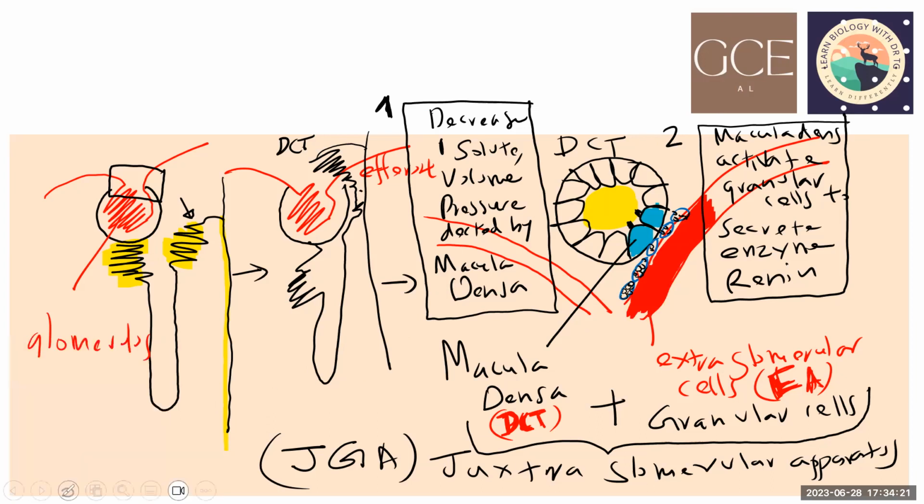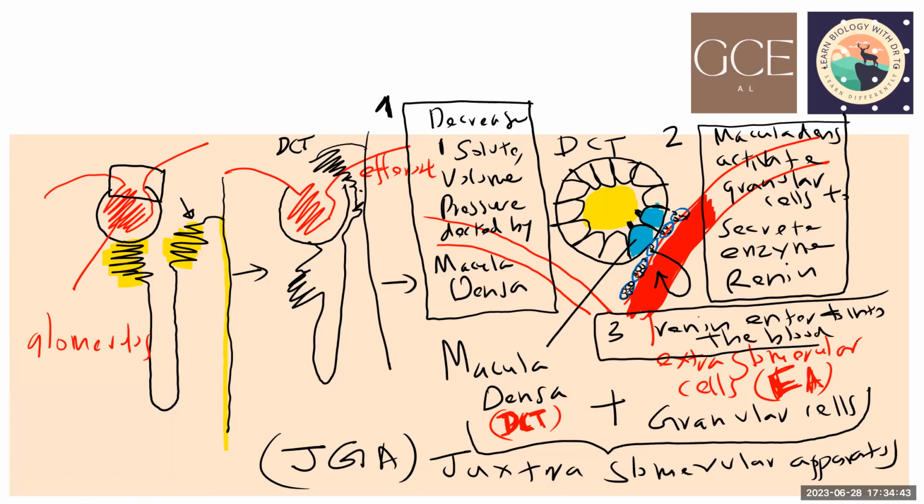And now what happened in the third step? This renin moves into the blood. So the third event is renin enters into the blood.